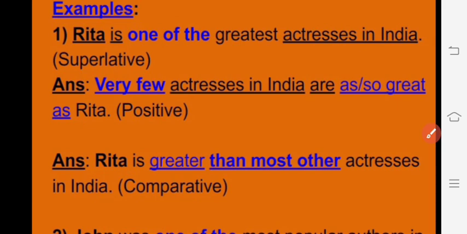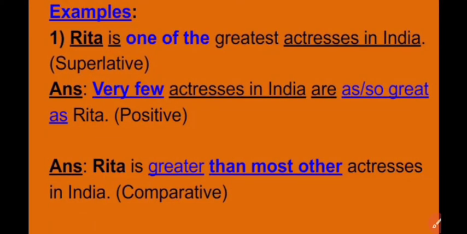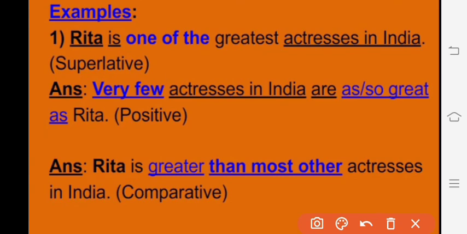Again I repeat, Rita is greater than most other actresses in India. Where do you have to put than most other? After the er formation or more formation. Here greater is the er formation, and after that you have to apply than most other. So Rita is greater than most other actresses in India.